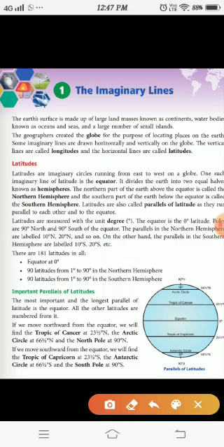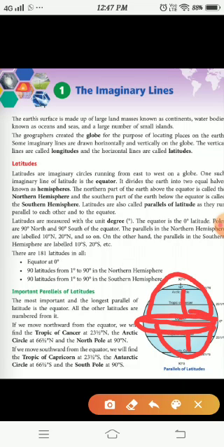For example, here are a total of 90 latitudes in the northern hemisphere and 90 latitudes in the southern hemisphere, and including this equator there are a total of 181 latitudes.